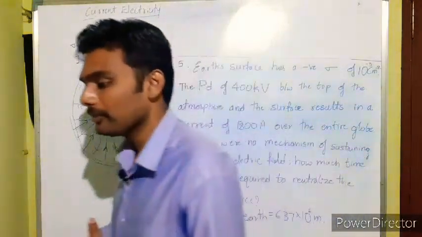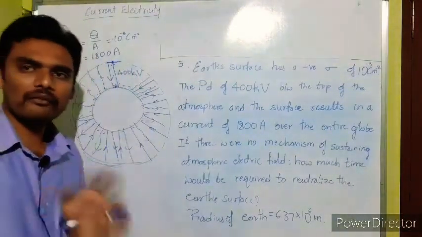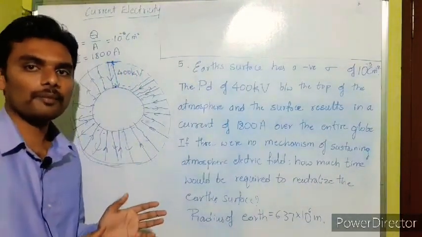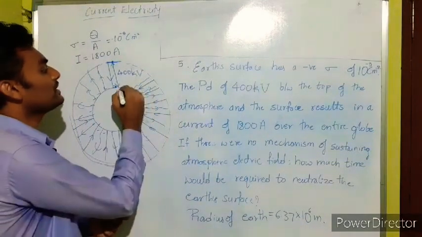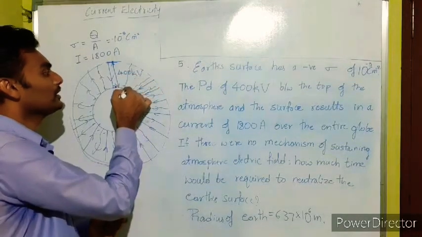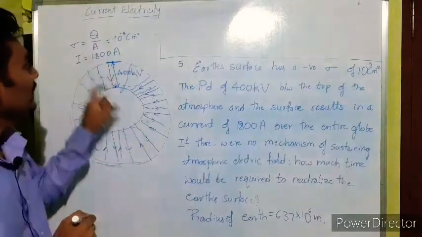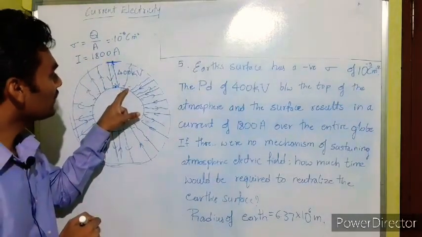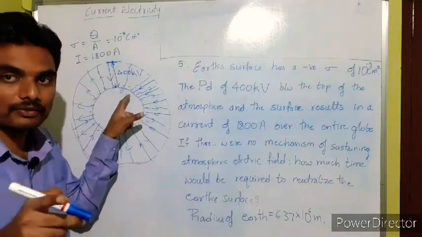But mechanisms like thunder, storms, lightning and all happen every day on different parts of the globe. So these mechanisms help in shifting the charge again from the top of the atmosphere to the earth. This current is due to the flow of charges from the surface. Charges means negative charge, keep that in mind.